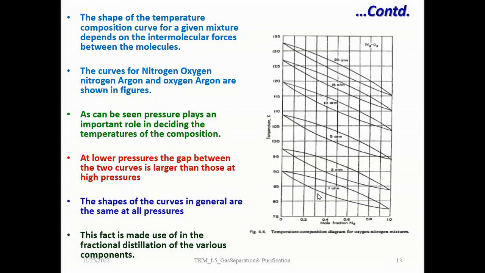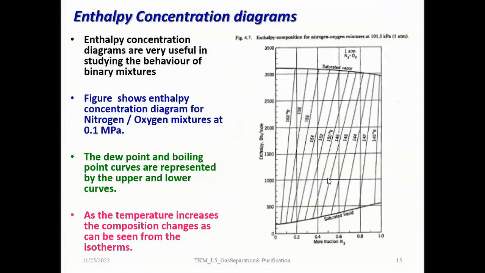Then there is a separation that takes place. When the separation takes place, the gas component goes to this side and the liquid component goes to this side. So in the process, the gas is enriched in the low boiling component, whereas the liquid is enriched in the high boiling component. This is exactly what is being done in the distillation column.